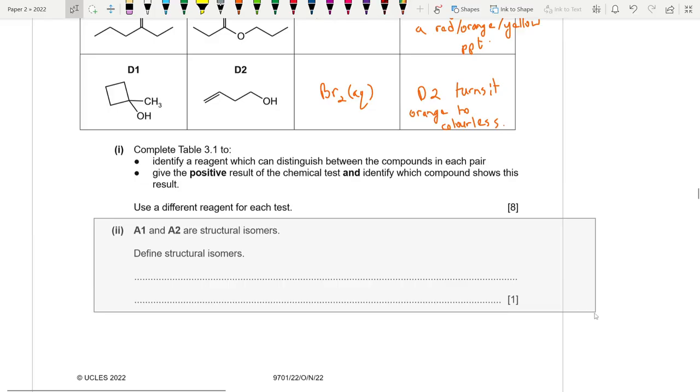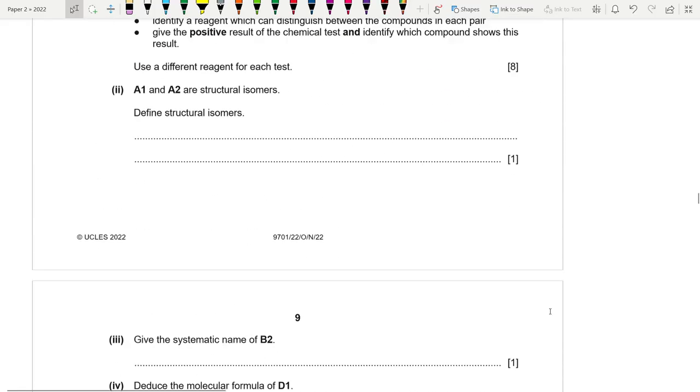Okay, so A1 and A2 are structural isomers. What is a structural isomer? Define structural isomer. Fine.